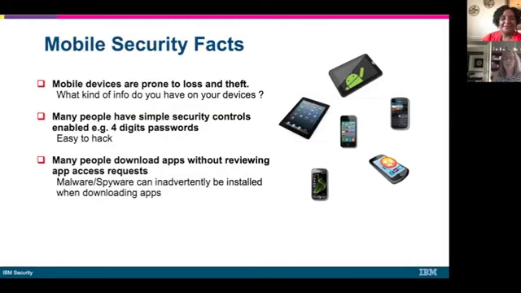For those of us who do not have a password, or have a normal 4-digit password, how easy is it to crack that? I'll tell you a story. I was sitting right next to my kid, and I typed my PIN on my phone. A couple of times my kids saw me typing that PIN, and the fifth time I went to the kitchen and saw that he was able to crack the password.